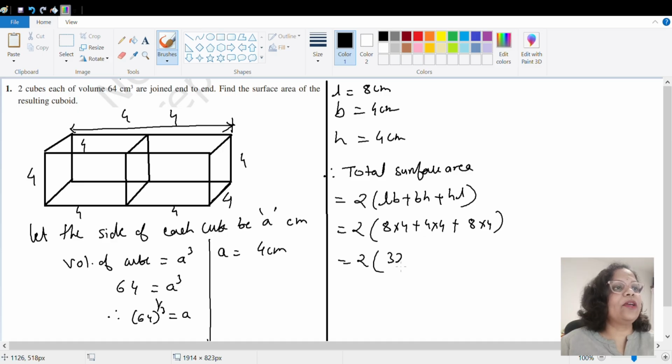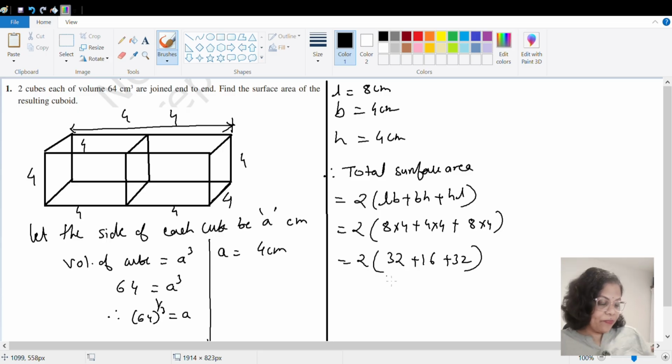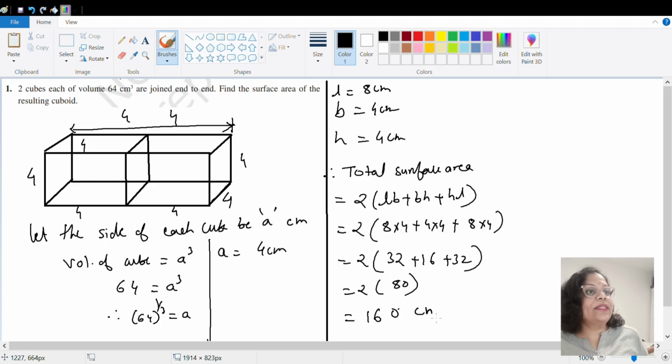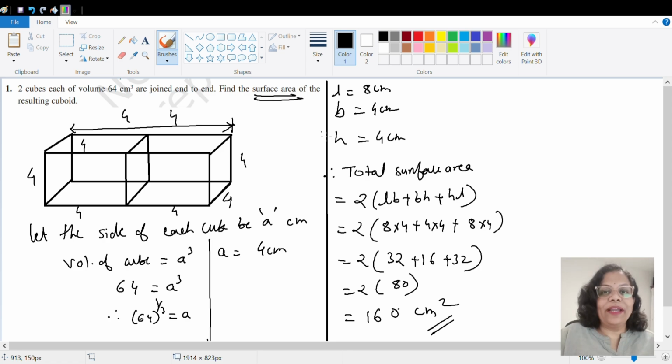So if you calculate this, 32 plus 16 plus 32, this will come to 2 into 80. So 160 centimeter square will be the surface area of this resulting cuboid. Okay, so let's go to question number 2.